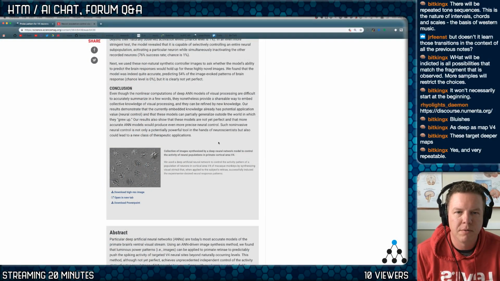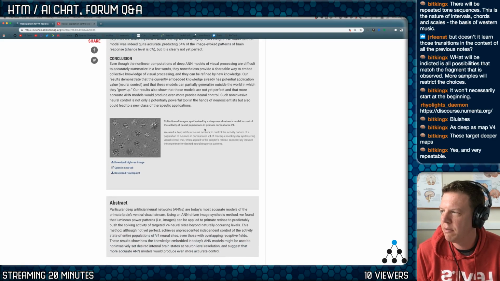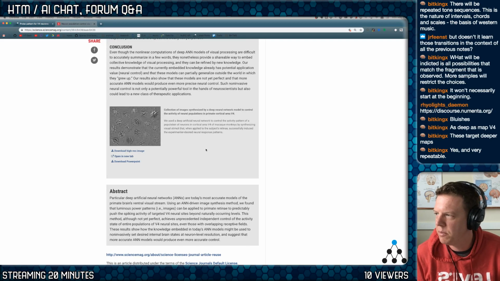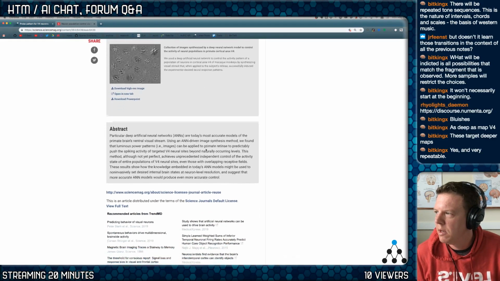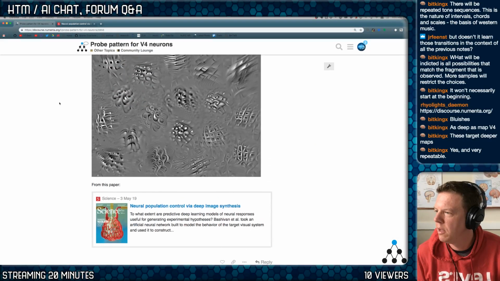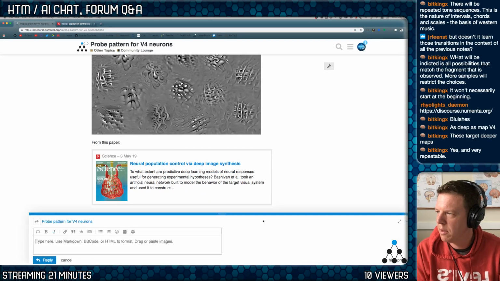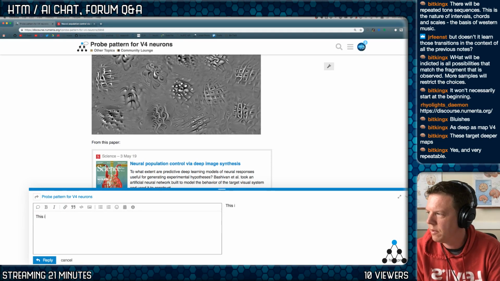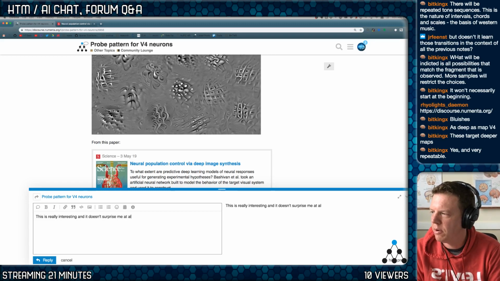Yes, and very, very repeatable. These target deeper maps. That's interesting, and that doesn't surprise me at all. Cool. This is really interesting, and it doesn't surprise me at all.